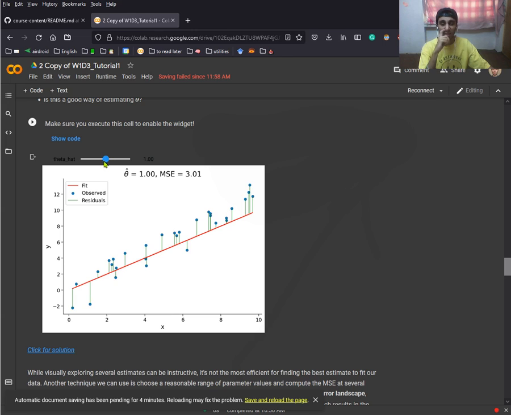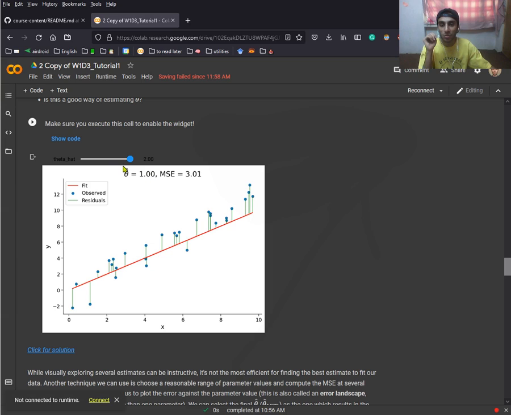Here, they generate a really good widget. With a slide bar, we can try many different theta hats and visually see which one is better, right? If I choose very large theta hat, okay, it is not connected, sorry.